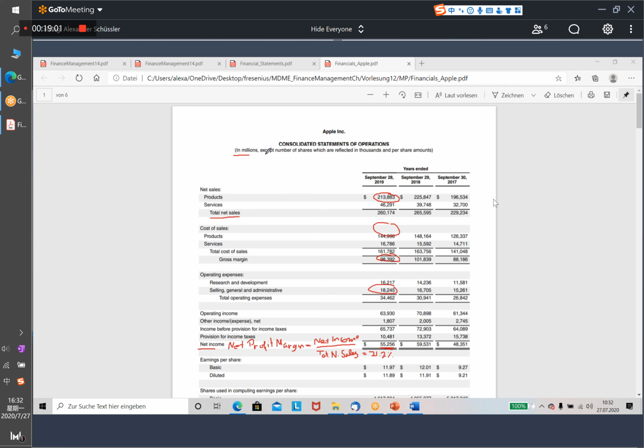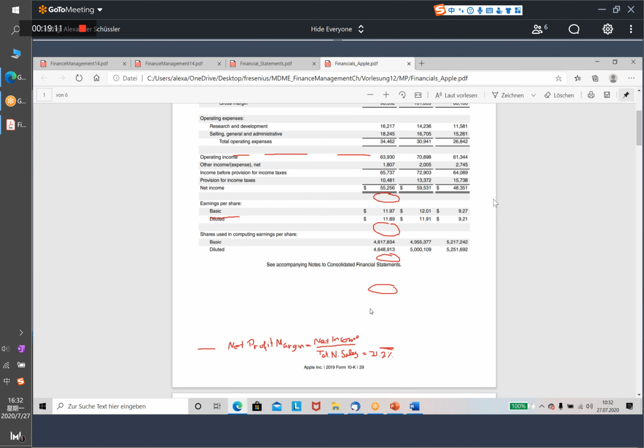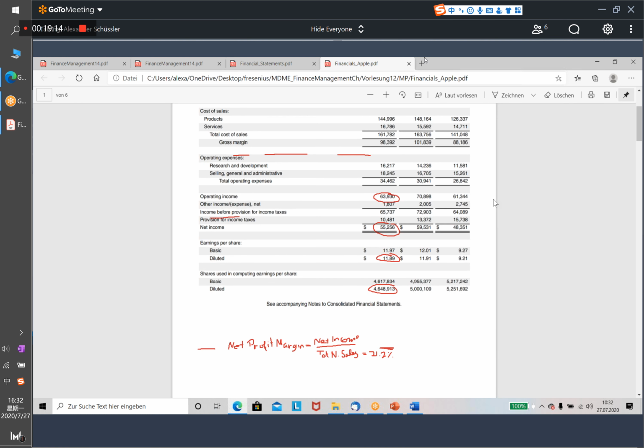But here it says except number of shares, which are reflected in thousands. So if you have this number here, this is in thousands, so you have to add three zeros. It's the same here, and so on. So this is earnings per share.